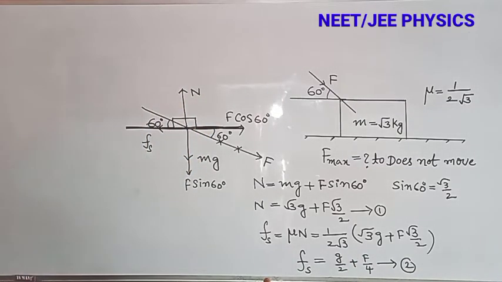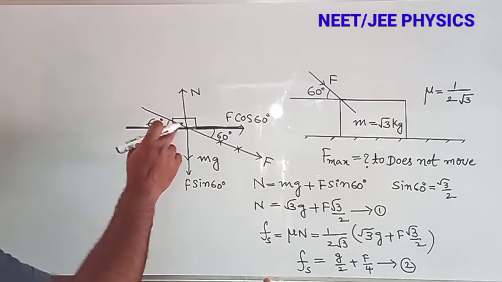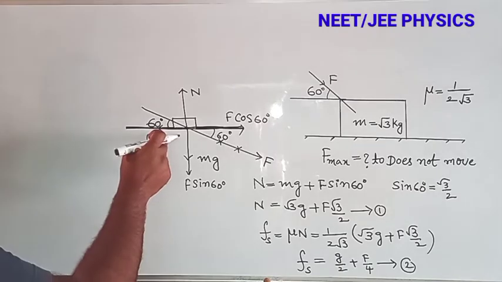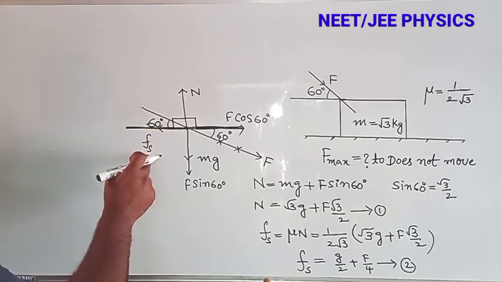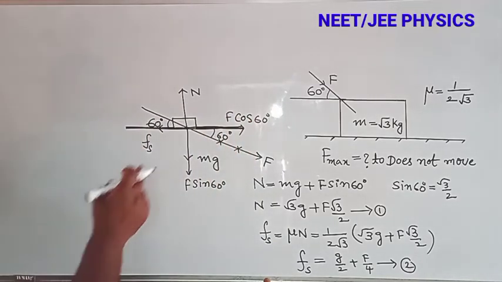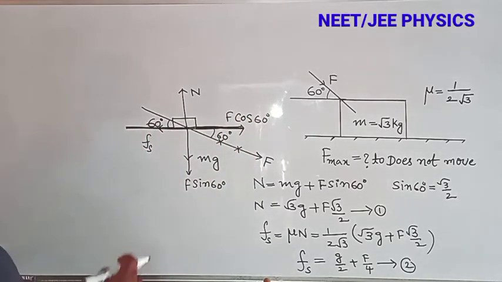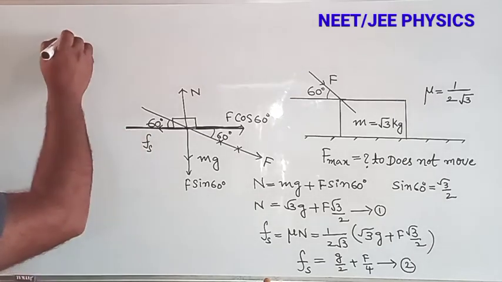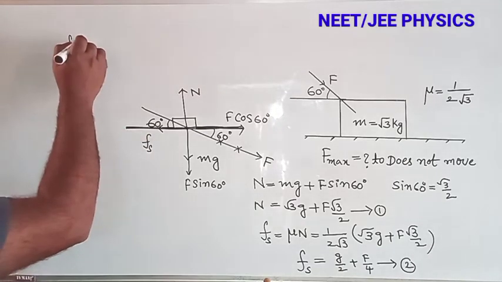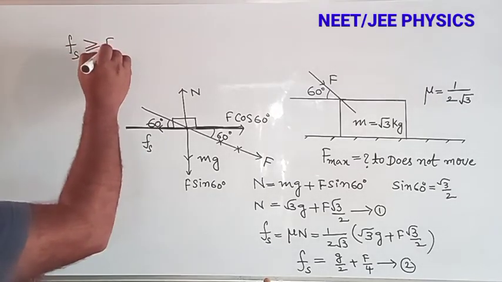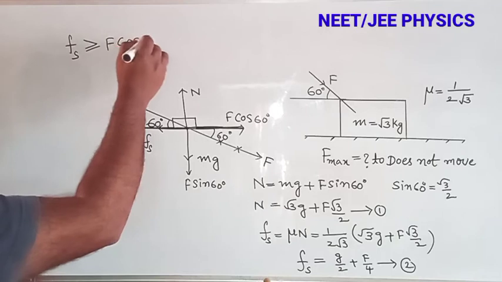Now, the block doesn't move. It means the static frictional force must be greater than or equal to this force. Then only the block doesn't move. Here the static frictional force is greater than or equal to F cos 60.